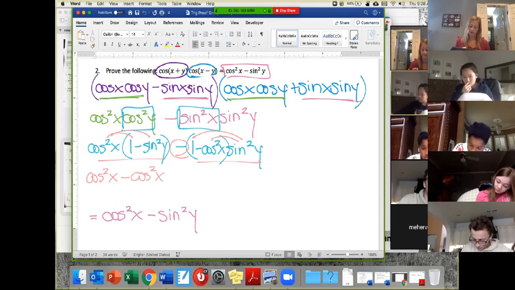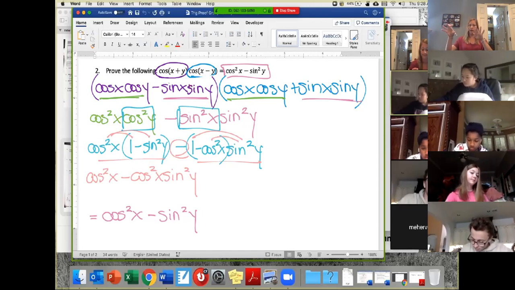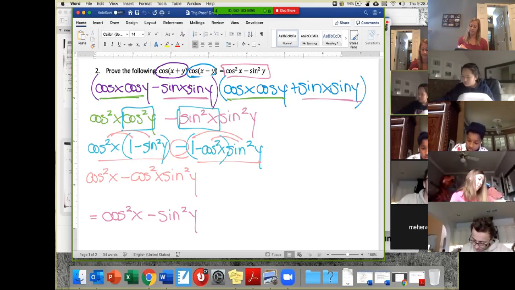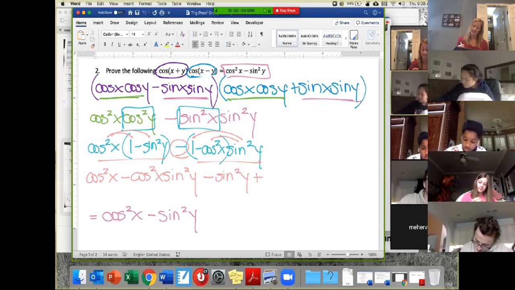So if I distribute on the first one, this is what I have. What are we going to get if we distribute essentially a negative squared y on the second one? Sine squared y and what? Positive cosine squared x sine squared y.